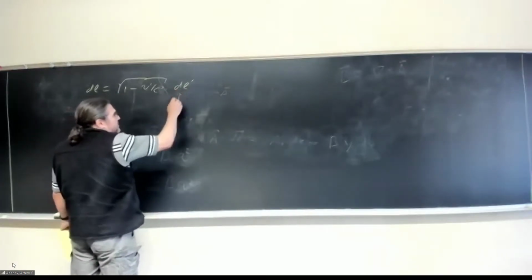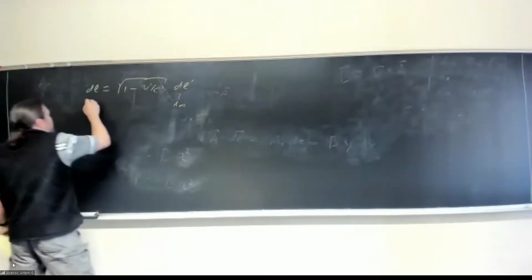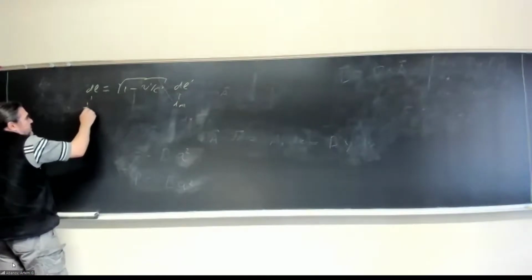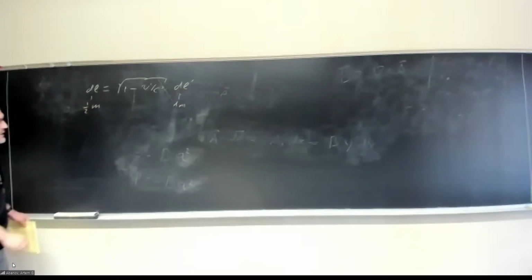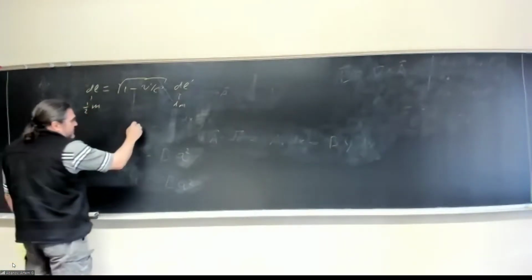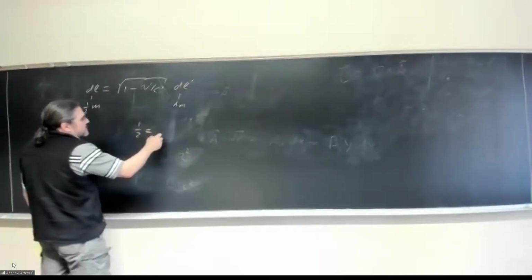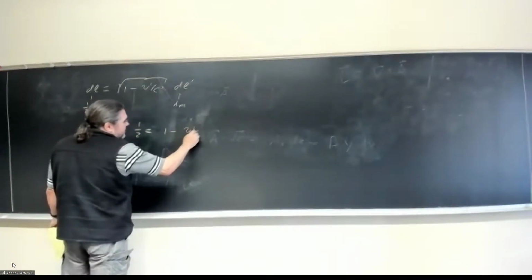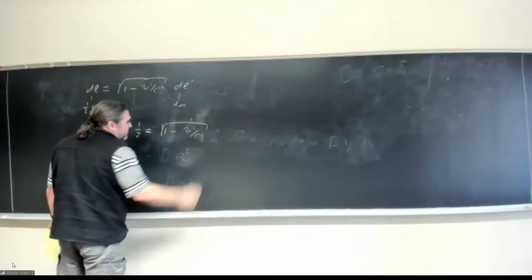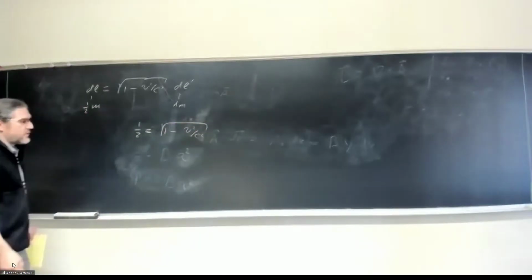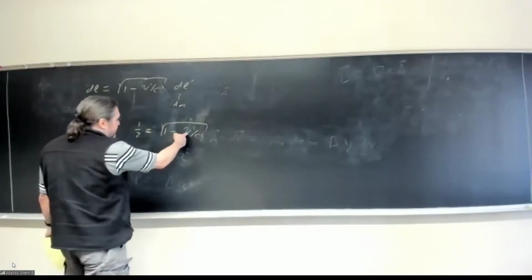So this is 1 meter, and we measure half of the meter, right? So what you have here is that 1/2 equals the square root of 1 minus v squared divided by c squared. And of course, from here you just find what that velocity is.